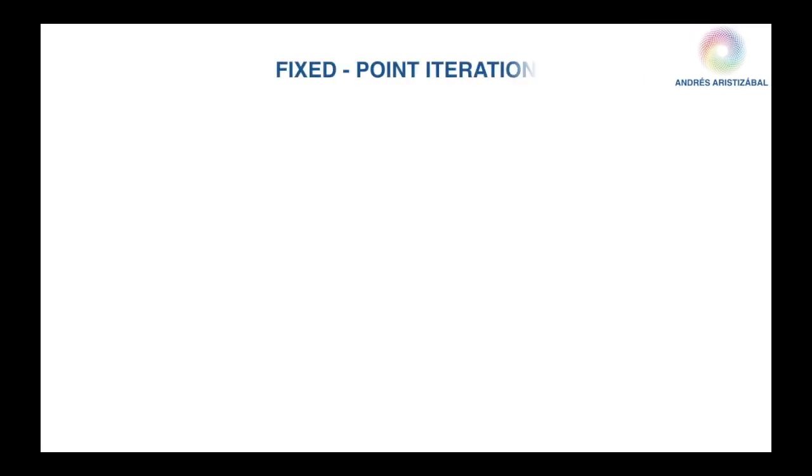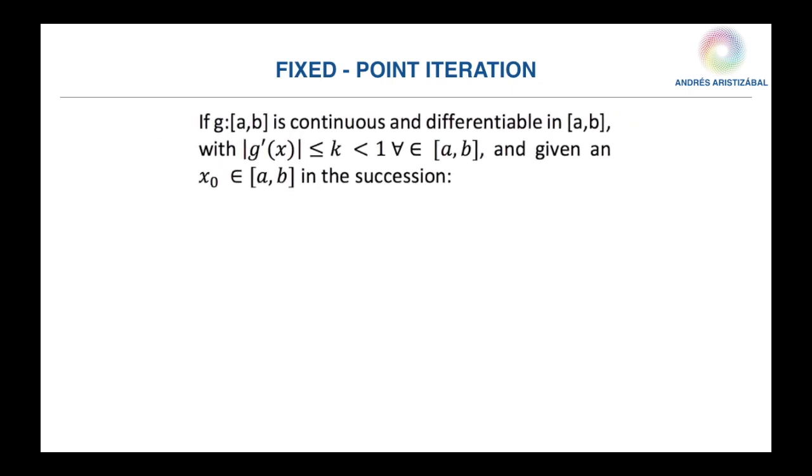How does this translate into the fixed point theorem? Well, let's define it. Let g be a function on the interval [a, b], which is continuous and differentiable in that interval, but with the condition that its derivative is bounded with a value less than 1 for all values of x belonging to the interval.